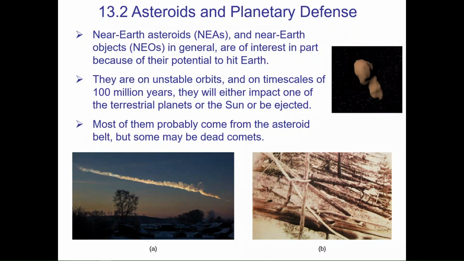And we believe most of these near-Earth asteroids come from the asteroid belt between Mars and Jupiter. Some may be comets approaching the inner solar system that run out of their ice, their volatile material, and become a piece of rock similar to an asteroid.